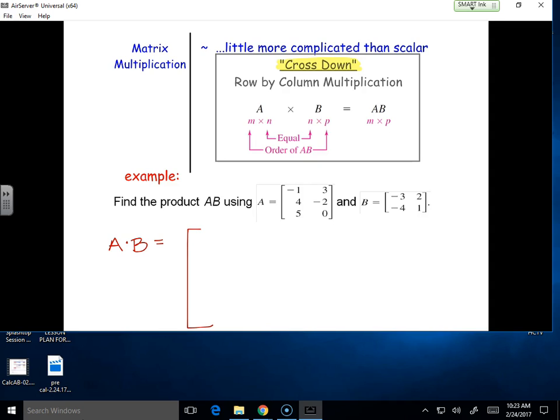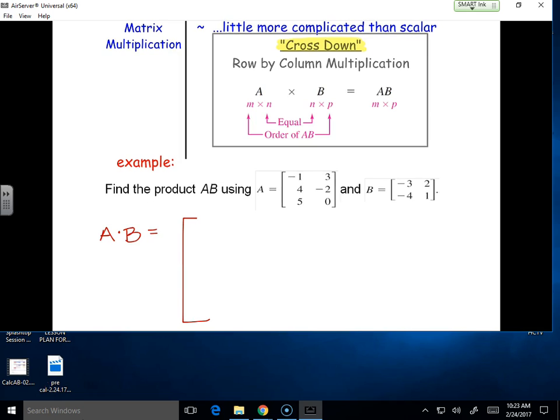In order to find, I'll give a quick example off here to the side. Remember how when we're trying to talk about entries of a matrix, we talk about them in terms of the first row, first column, right? If we're talking about the multiplication A times B, the first row, first column element, which is going to go right here, is going to be found by multiplying.